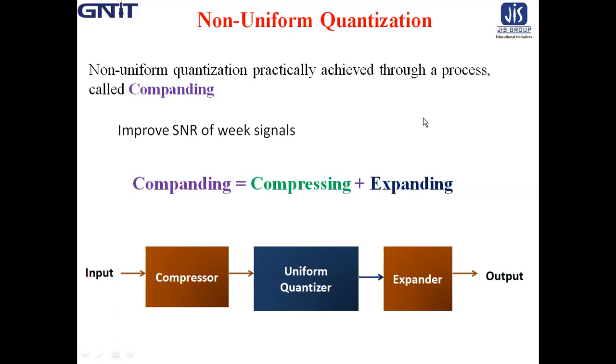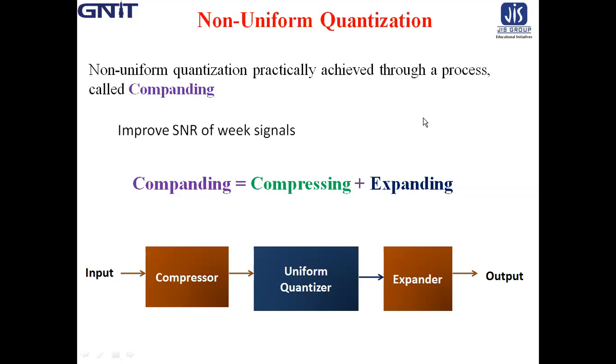We know that the quantization noise is basically delta square by 12, or in some books the step size is denoted as S, so it is S square by 12. So in case of uniform quantization, once the step size is fixed, the quantization noise power remains constant. However, the signal power is not constant.